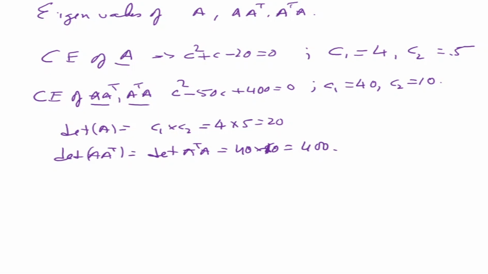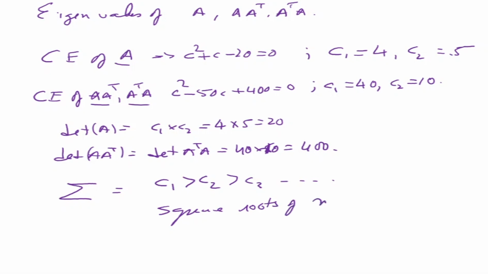We have found the eigenvalues, so computing the sigma matrix can be done by taking c1 greater than c2 greater than c3, in that order, and then taking their square roots of the non-zero ones. So the singular values equal the square roots of the non-zero eigenvalues.